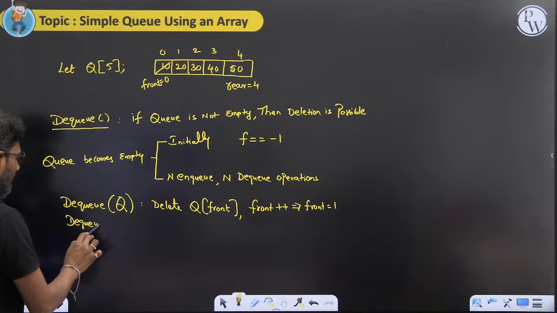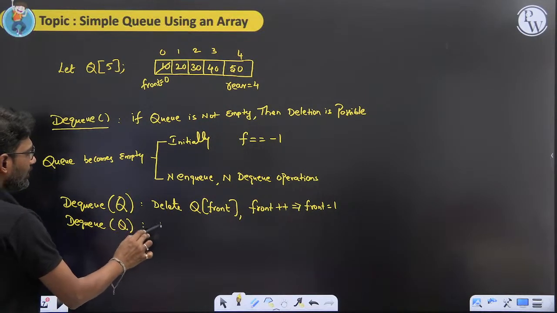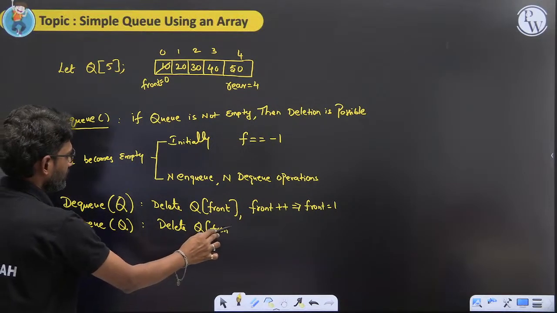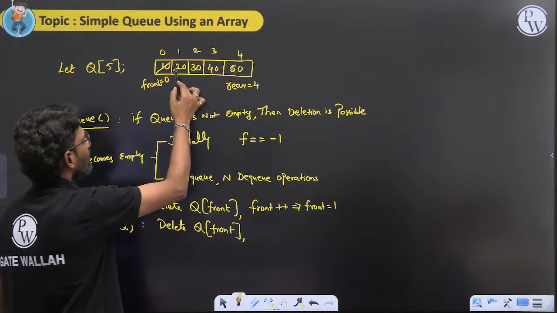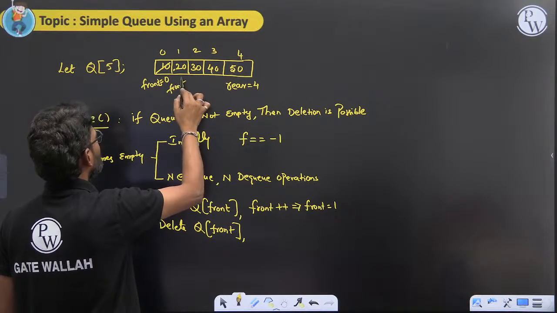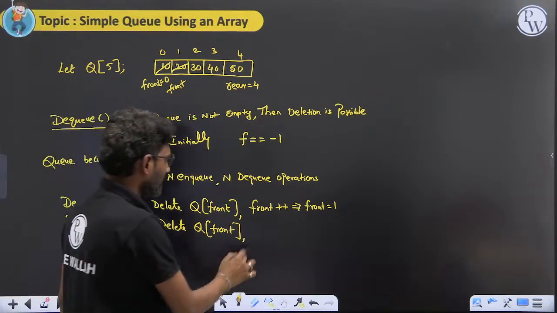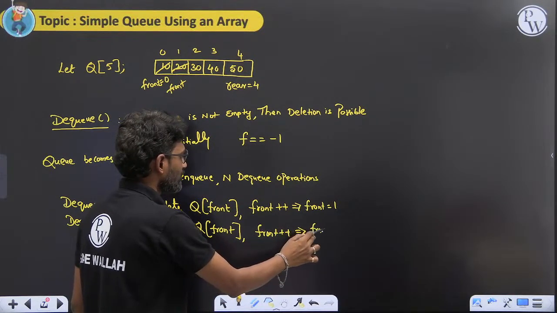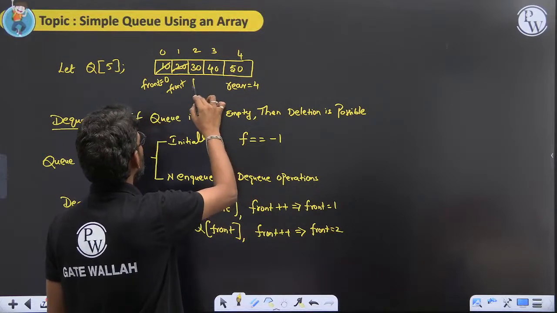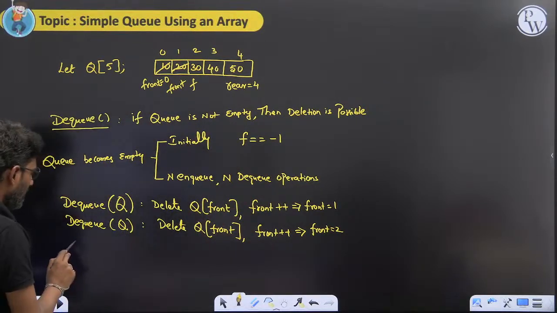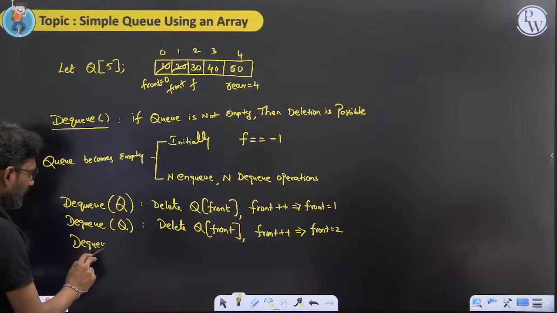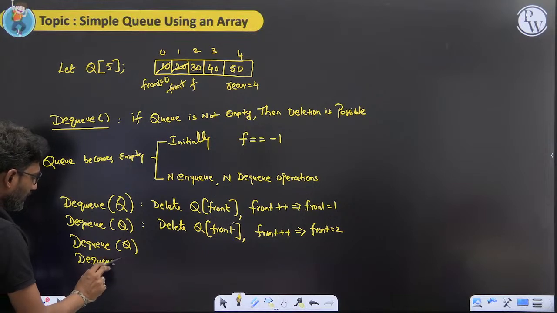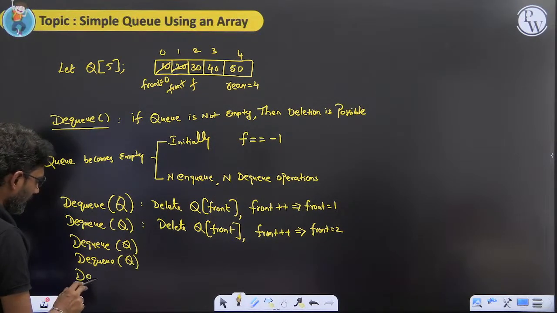Now, again I am deleting. So, delete queue of front. Front now came to 1. Delete queue of front and then front plus plus. That means front comes to 2. In this way, assume I have deleted 3 more elements: dequeue, dequeue, dequeue.